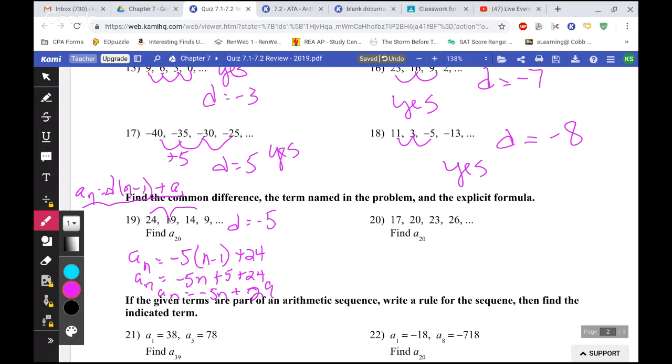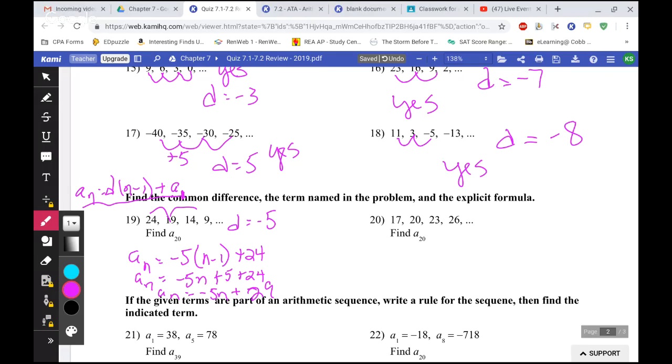And then you have N minus 1 plus 24, which 24 is the value of A sub 1. And then I distribute that -5 to everything inside the parentheses. So -5N, and then -5 times a -1 is +5 plus 24.